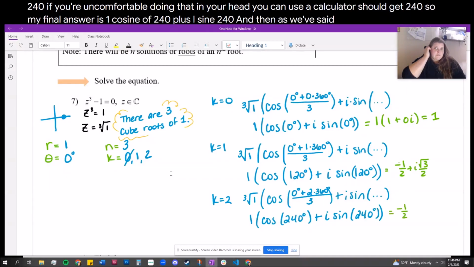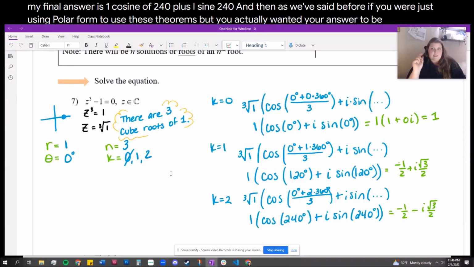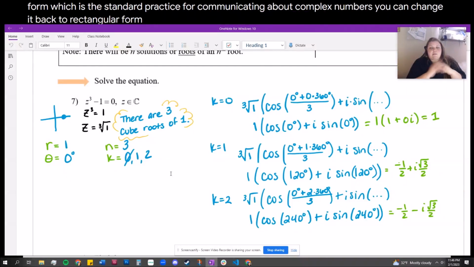And then as we've said before, if you were just using polar form to use these theorems, but you actually wanted your answer to be in rectangular form, which is the standard practice for communicating about complex numbers, you can change it back to rectangular form by just plugging in the value for cosine and for sine at that angle.